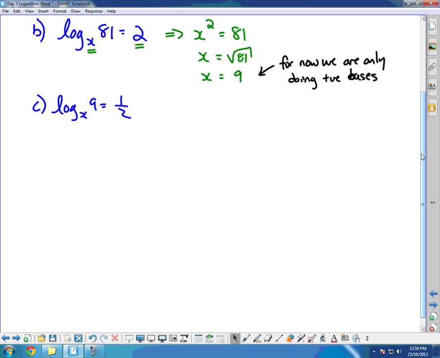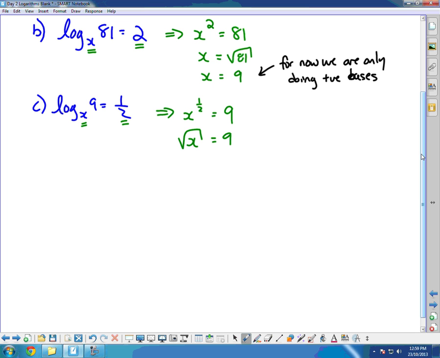So we're going to go to the process of switching to exponential. Again, our base is x. Our exponent is 1/2. And the answer is 9. So x to the 1/2 equals 9. There's a couple of ways you could write this. You could say, well, x to the 1/2 means the square root of x equals 9.